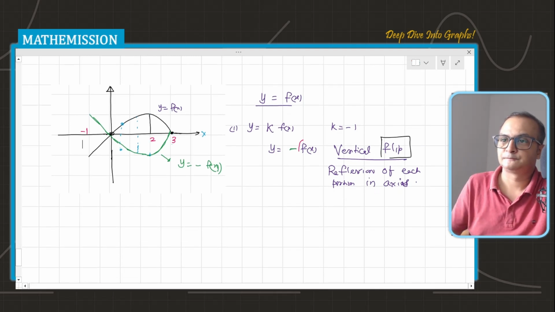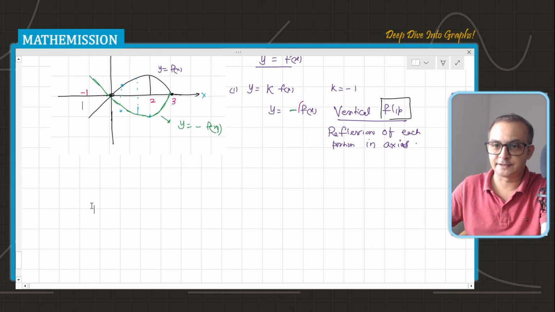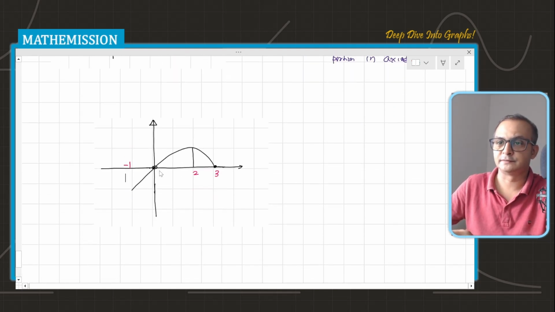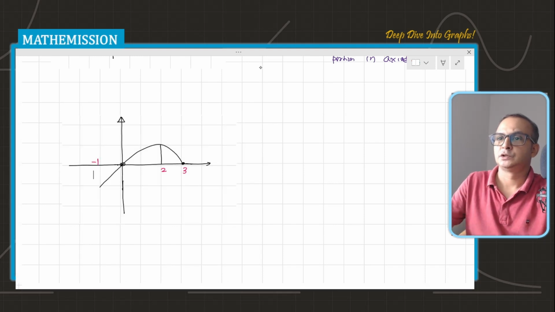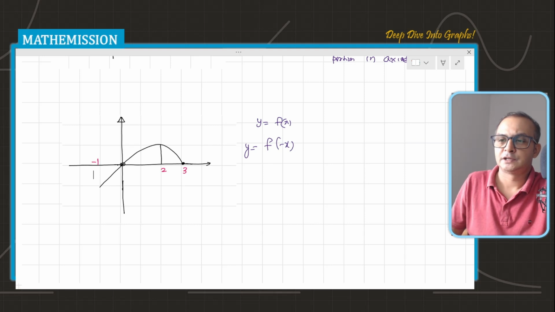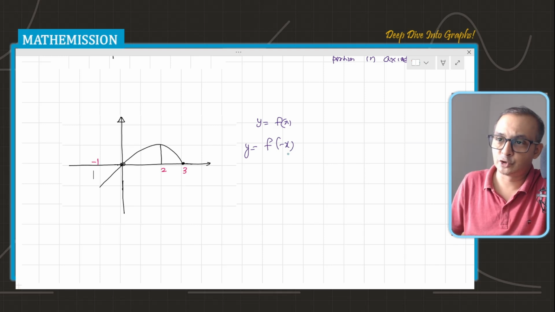And you can now notice what will happen if I have f of minus x. So for f of minus x, let's see what we will do. If I have f of minus x to draw from y is equal to f(x), try to think in this way. What will happen? If I substitute x equals 2 now, let's see. Originally the value at 2 was 1.